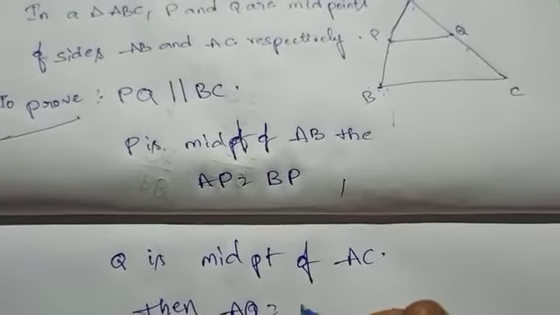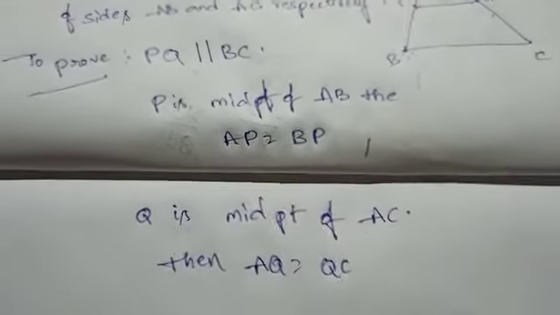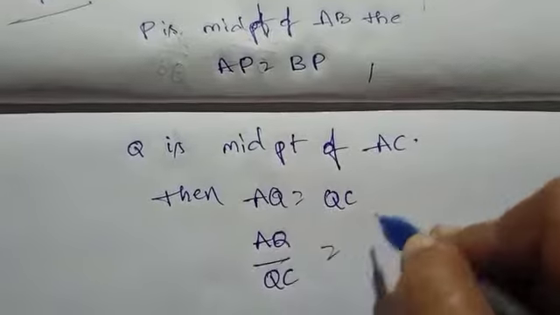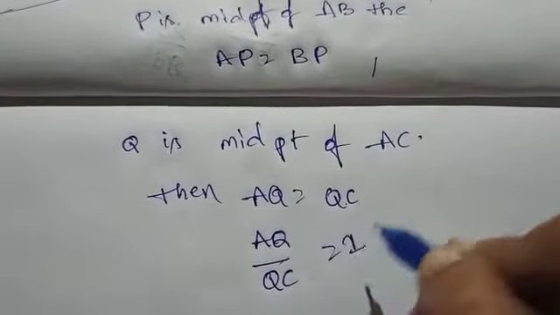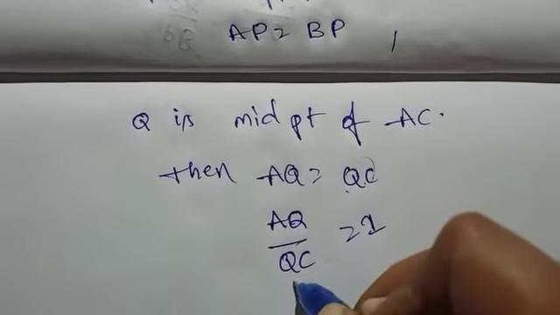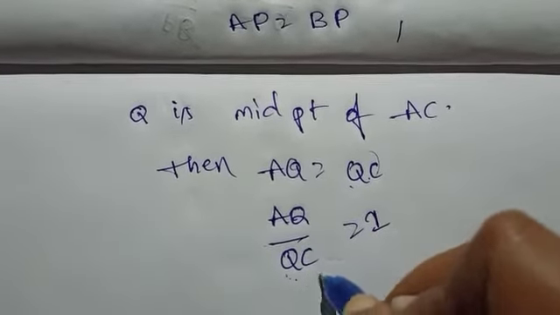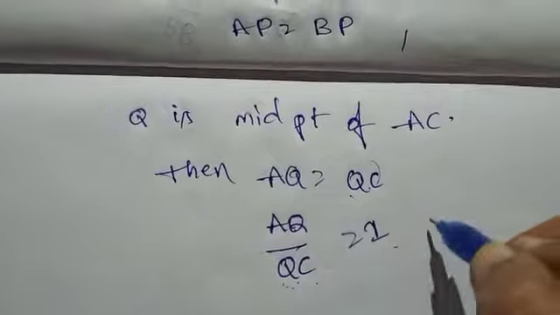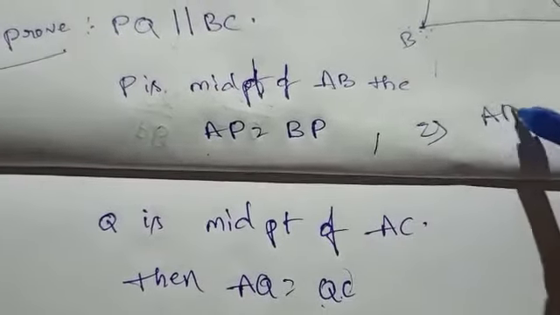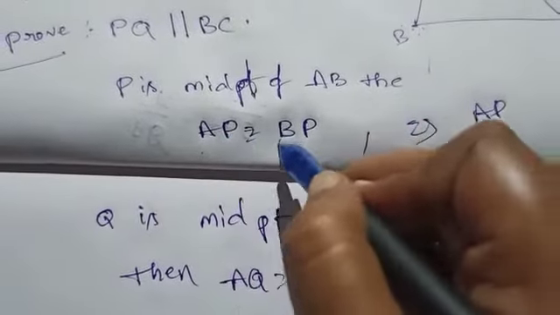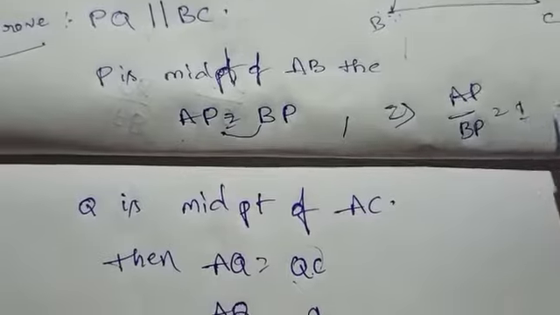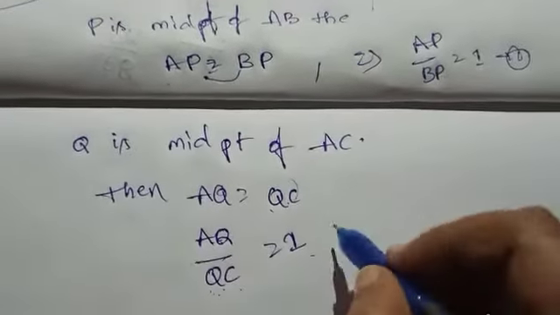AQ equal to QC, so AQ by QC equal to 1. This is equation 1. In the same way, AP by BP equal to 1. This is equation 2.